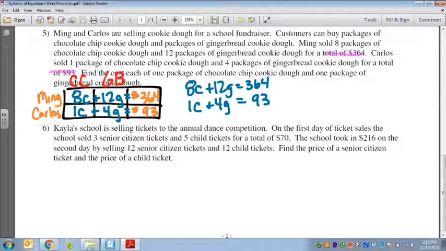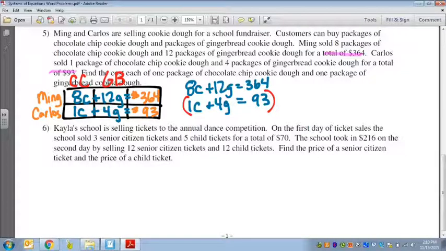Okay, so to solve the system, we have to, again, try to eliminate a variable. That's the best way to do it. Let's try to eliminate, you know what, I'm feeling adventurous, let's try to eliminate G, okay? So if I'm trying to eliminate the variable G, I have a positive 12G on the top. It'd be perfect if I had a negative 12G on the bottom.